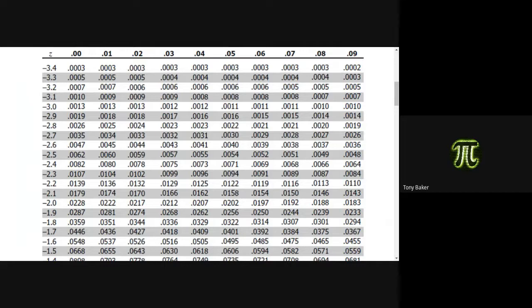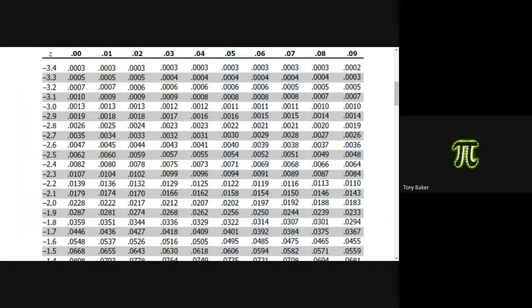All right. So here's my Z table. I don't have any more copies of it. If you have the book, it's in the very back of the book. Or if you have your phone, you can literally just search Z table on Google. So we're looking for 0.05 in this table, right here.